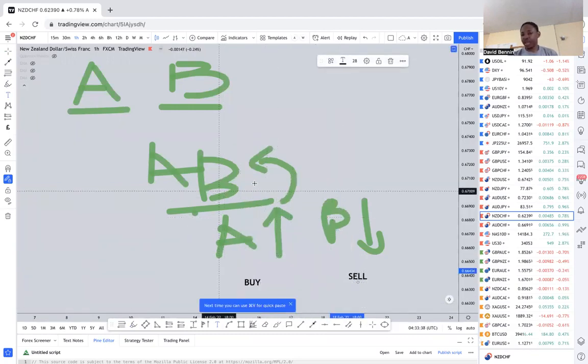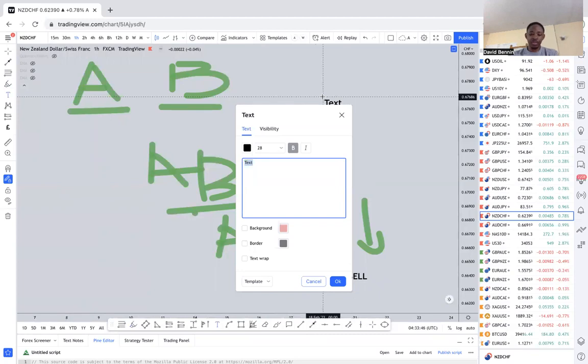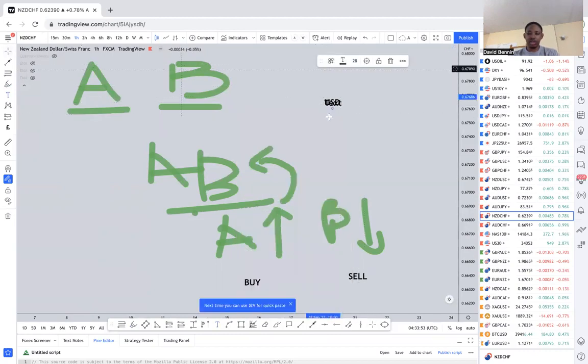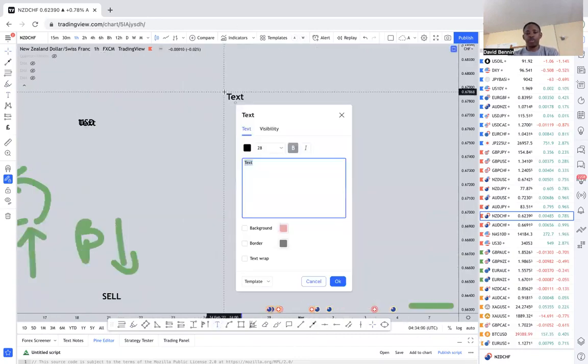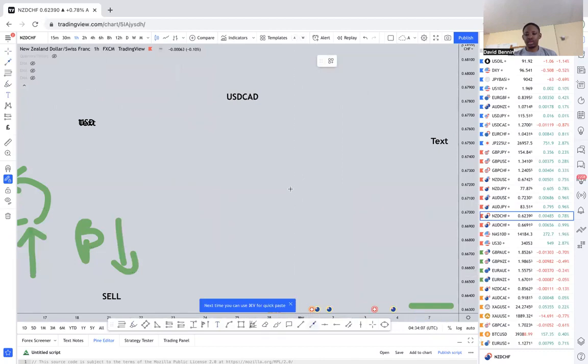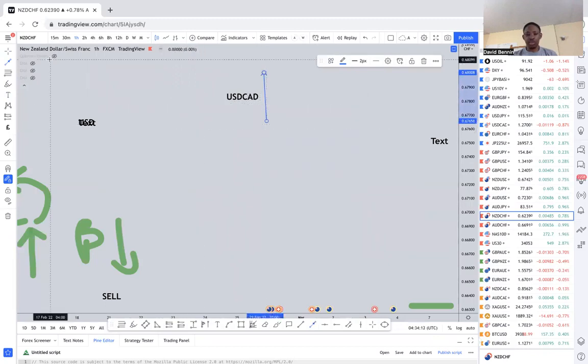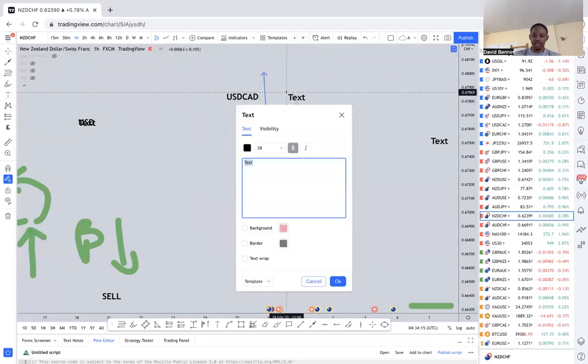You are buying AB and selling AB, not A or B. So, for example, if you have US dollar, Canadian dollar, and US dollar, Canadian dollar is going up, this is the same as AB going up. Your decision as a trader is to buy.